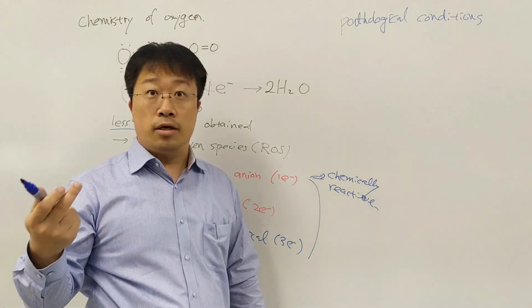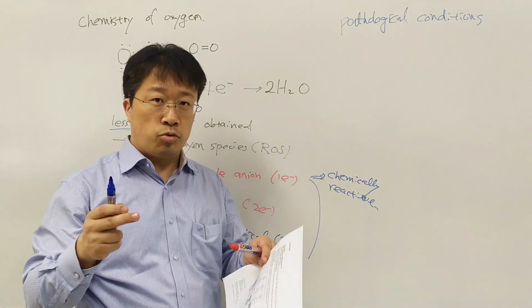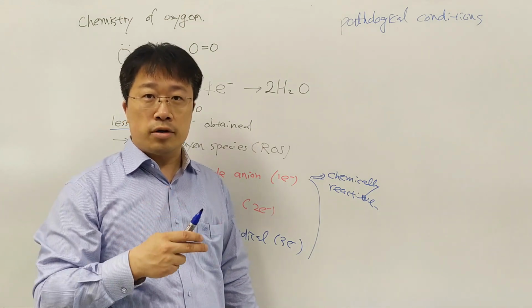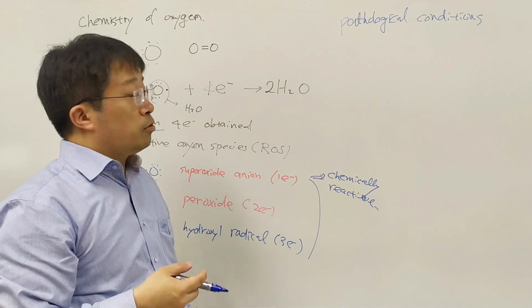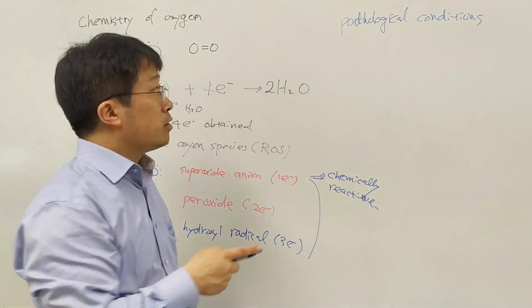As the viruses, for example, this will be the linkage between the coronavirus lectures and this lecture. So this is the background of the lecture. There are also bacterial infections.